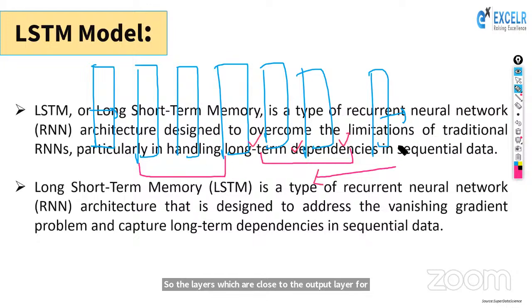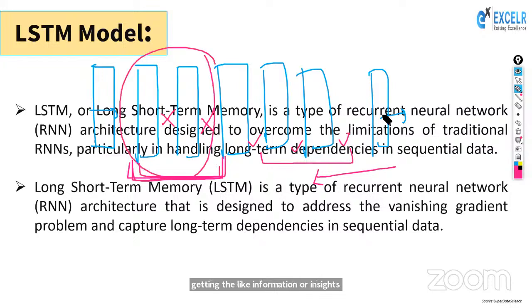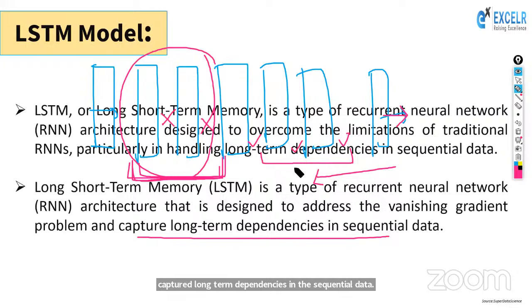But for the layers very far away from the output layer, the weights are not adjusted due to the vanishing gradient problem. Since the weights are not adjusted, we are not getting the information or insights from these layers at the output. So the network cannot capture long-term dependencies in the sequential data due to the vanishing gradient problem.